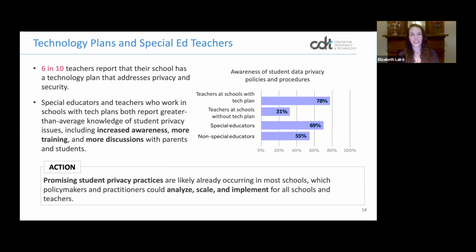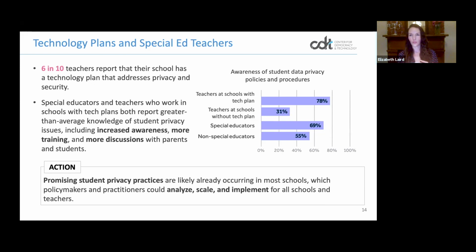We found some bright spots and some places where we saw teachers really shining and maybe knowing more about privacy than some of their peers. And there were two important dimensions where they were more aware of student privacy practices and policies. They had received more training.